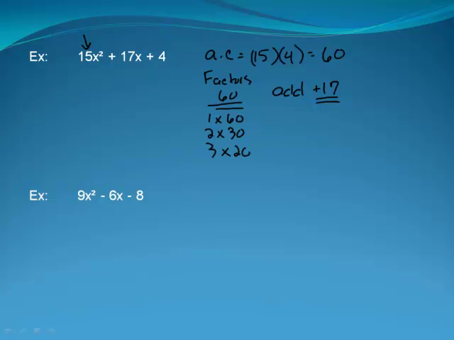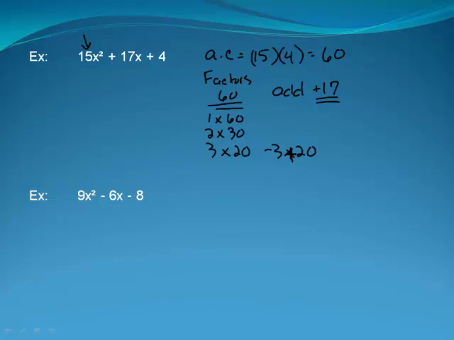One of the ways to break down 60, though, is positive 1 times positive 60, or 2 times 30, 3 times 20. Now at this point you might look at that and say, oh, that's probably it, because I can combine 3 and 20 to get a 17. That's true, but in order to get that to work, you would have to make 3 be negative, because negative 3 plus 20 is 17.